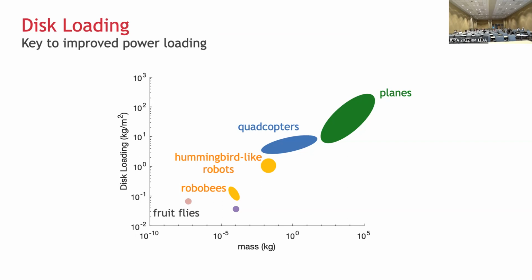Now we can go down to fruit flies, and then that one point at the bottom has extremely low disk loading. That's actually maple seeds.